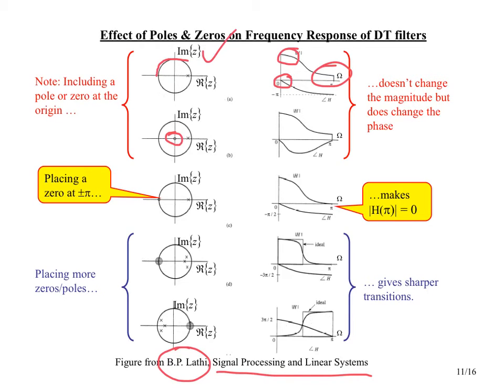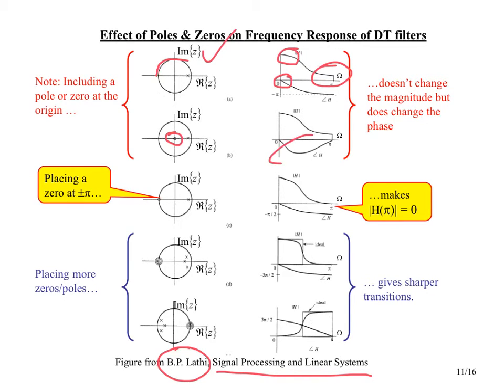That's your new system. It has a 0 at the origin because of the z out in front. Replace z by e to the j omega to get your frequency response. Now take the magnitude of that and convince yourself that that z out in front, once it turns into an e to the j omega and you take the magnitude, just vanishes, goes to 1. So it doesn't change the magnitude.